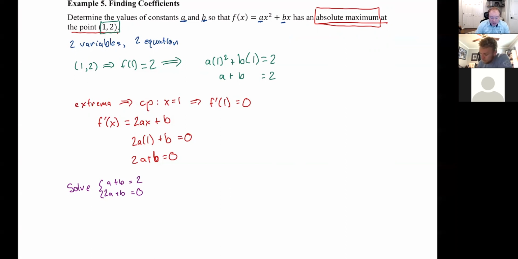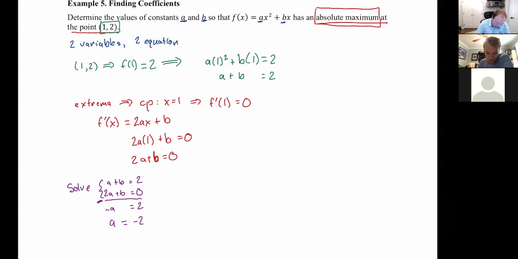I'm just going to subtract the two equations. When I subtract them, we end up getting minus a is equal to 2, because a minus 2a is minus a, and 2 minus 0 is 2. So we find a is equal to negative 2.